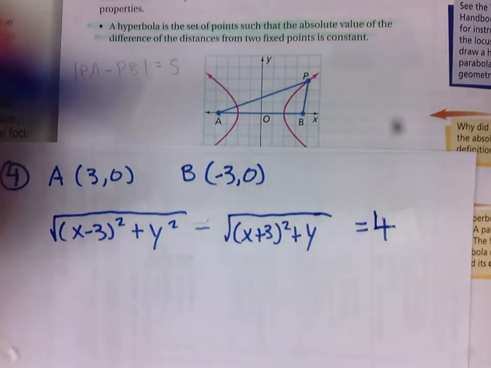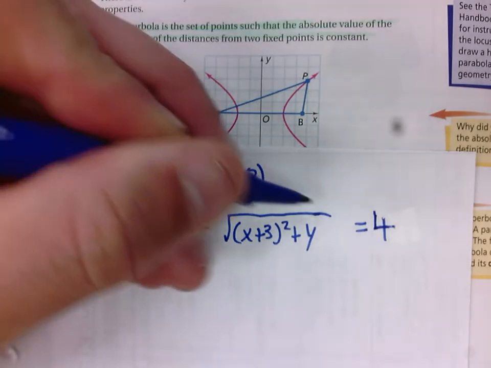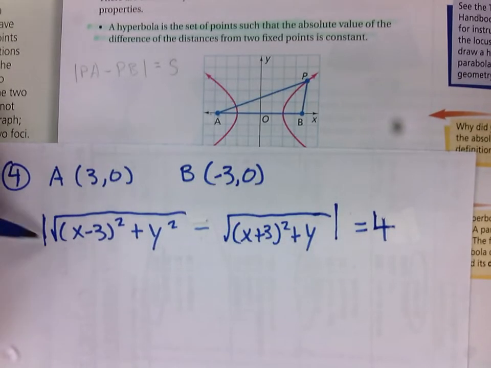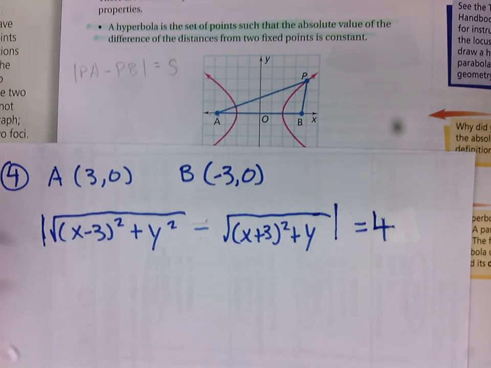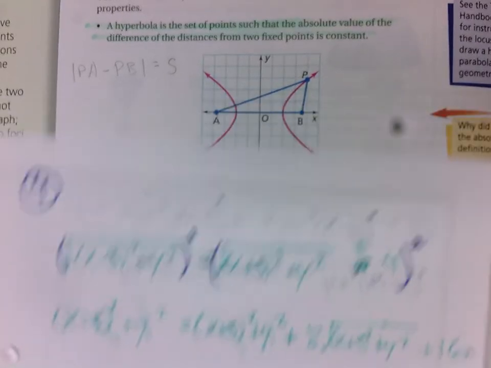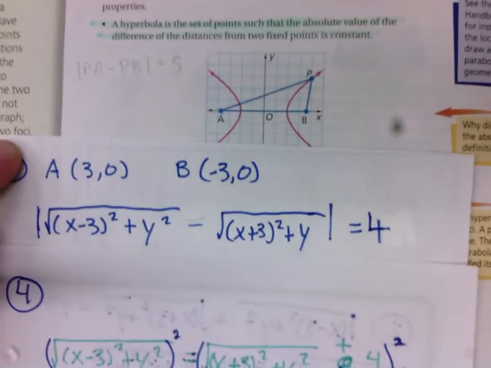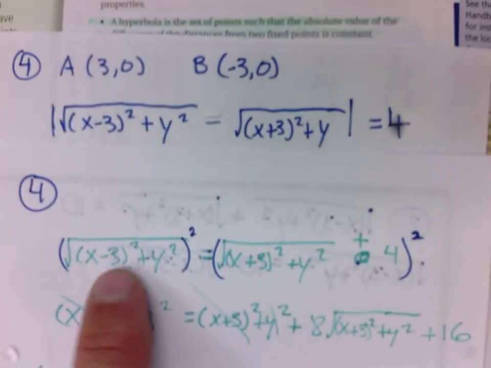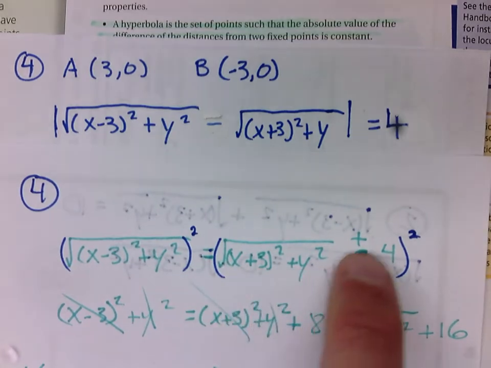Now, technically speaking, this is absolute value. But since we're going to end up squaring to simplify this, that absolute value is not really going to matter at that point. And I took the liberty of doing this work ahead of time as well. What I did first, and I skipped a step here, is this is minus and I added that to the other side. So then I got this root equals this plus 4.